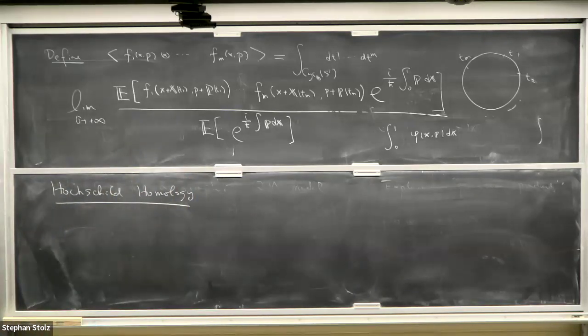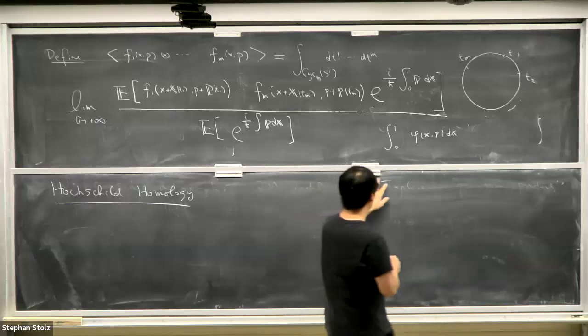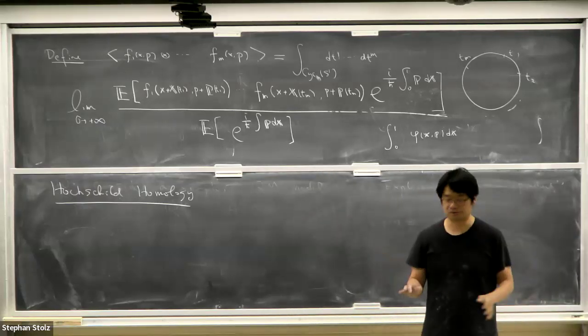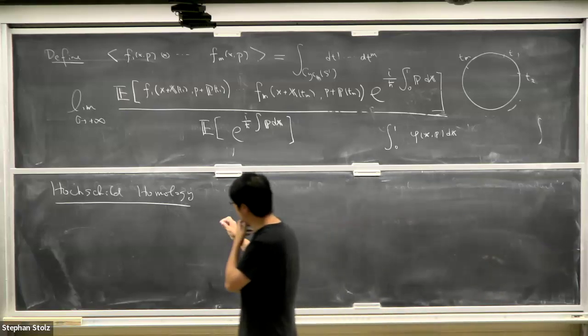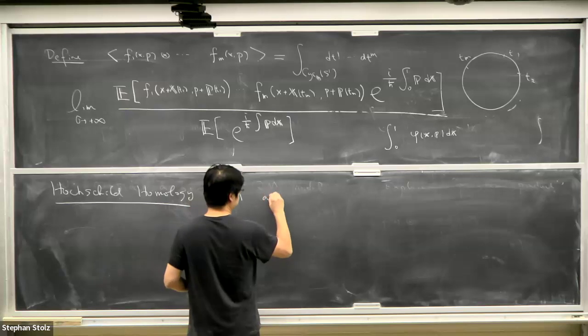And yeah, to understand the properties of this product, I need to explain a little bit about the Hochschild homology. I get that most people understand this pretty well, but let me just quickly review. Suppose A is a Hochschild algebra.